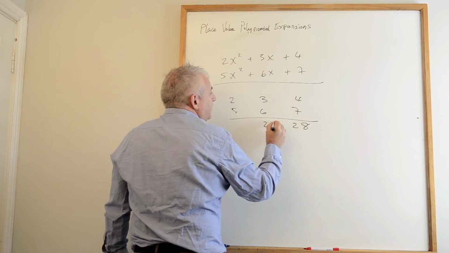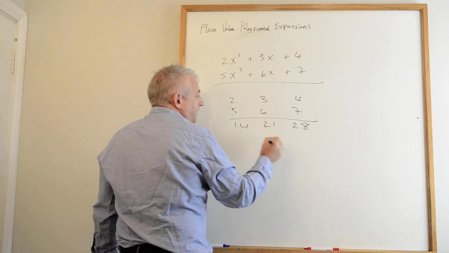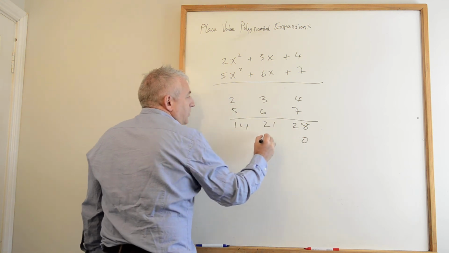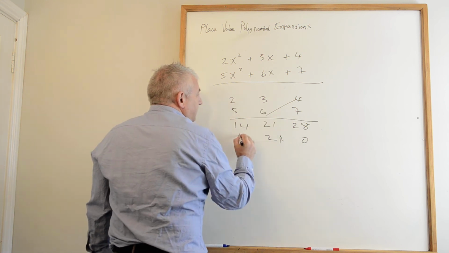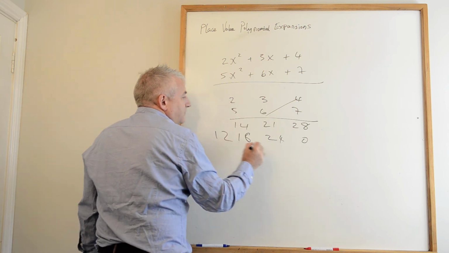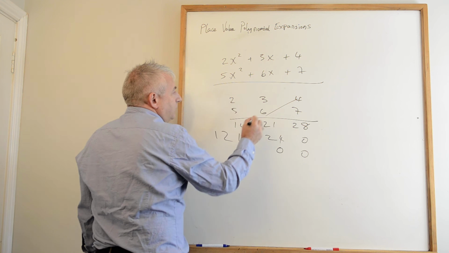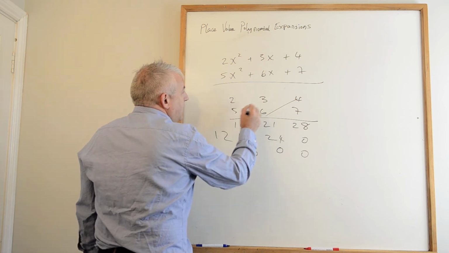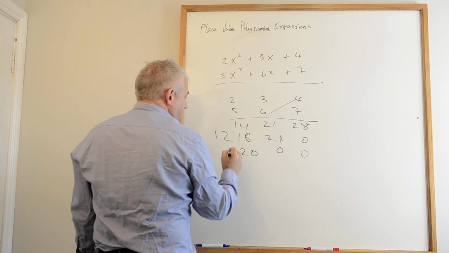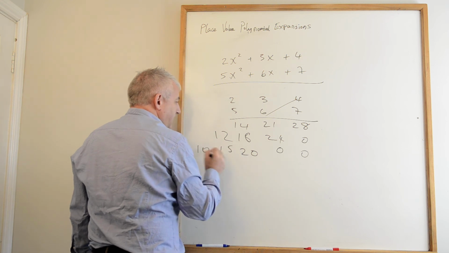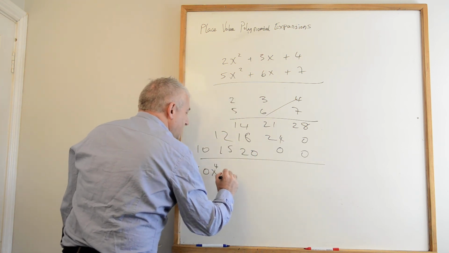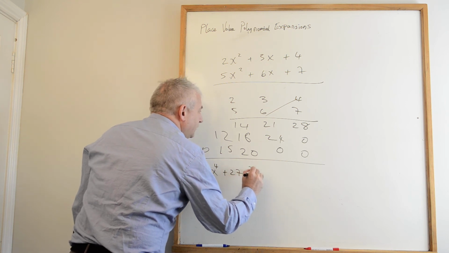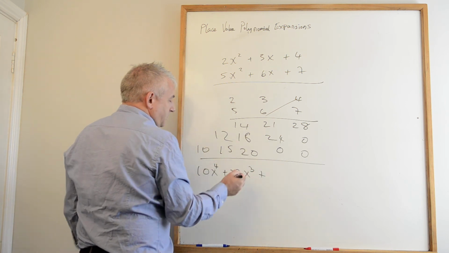28, 21, 14, down to 0, 24 here, keeping track, 18 and 12, and we're going with 2 zeros, and we're up to our 20 multiples of 5 through 15 and 10. Okay, and repopulate to go 10x to the 4 plus 27x to the 3 plus anything nice going on here.